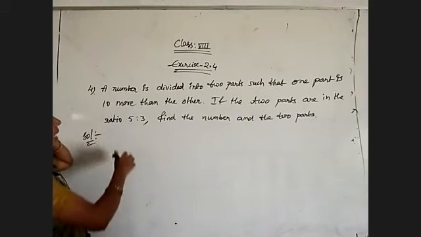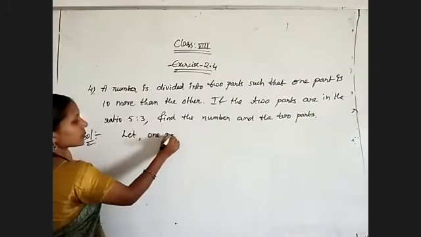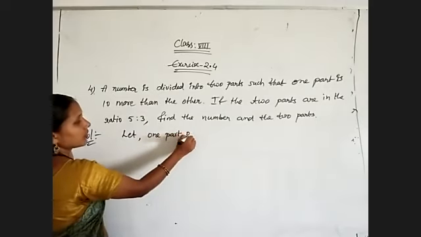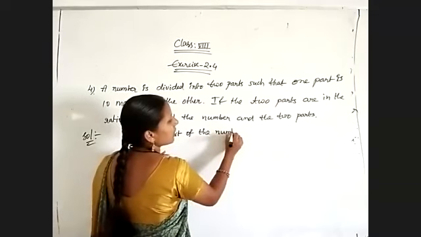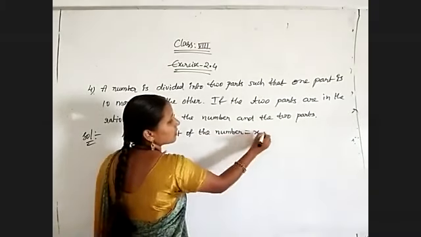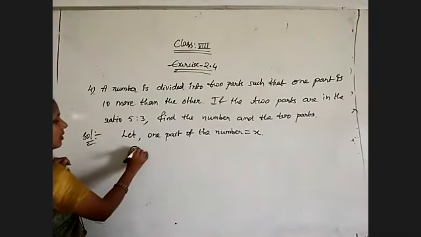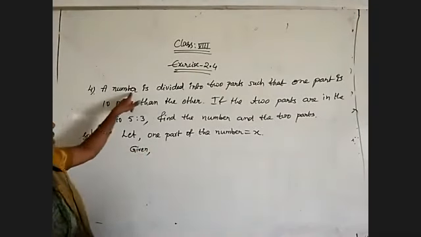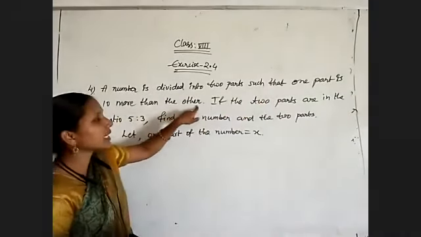First I am taking, let one part of the number be equal to x, the smaller part. They have given the condition that one part is 10 more than the other.